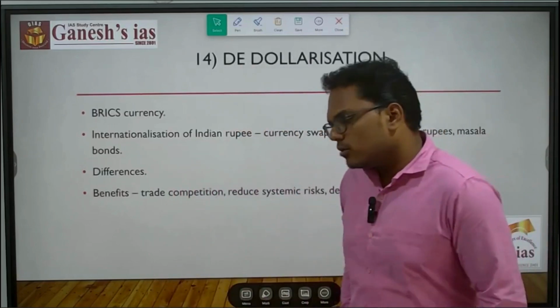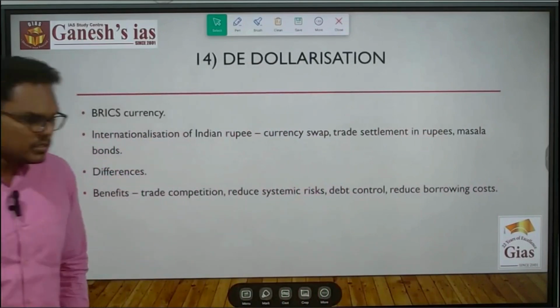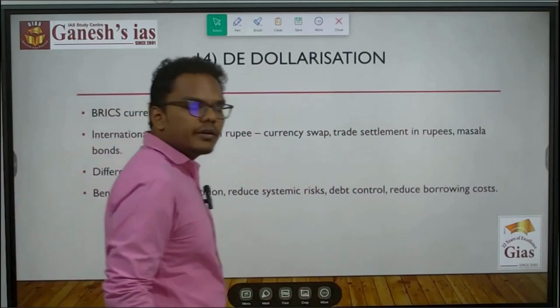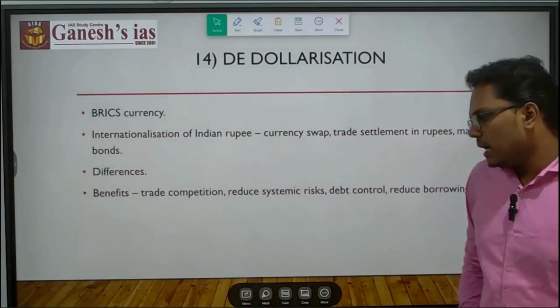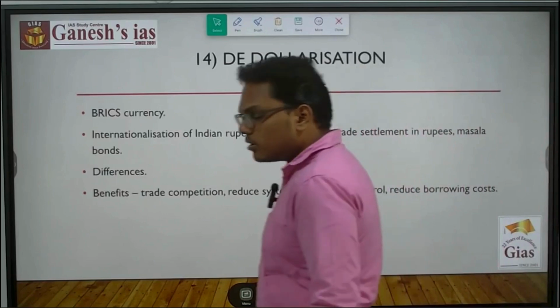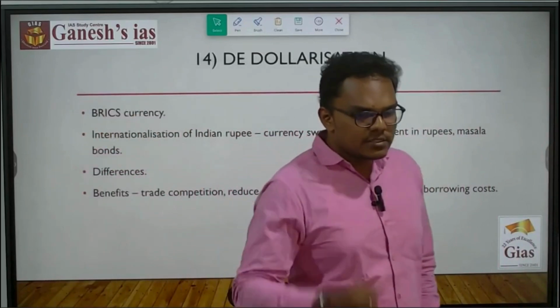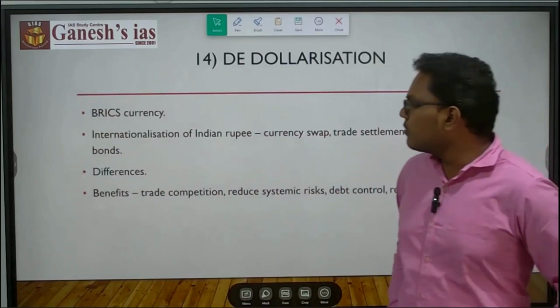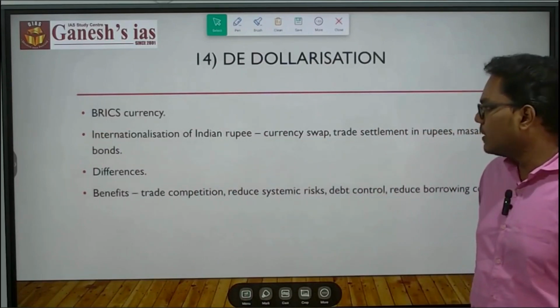For that, you can go in for other currencies. For instance, India was trading in rupees with Russia for getting Russian oil, and all those initiatives are examples of de-dollarization. One such initiative is the BRICS countries going in for a BRICS currency to trade between them.